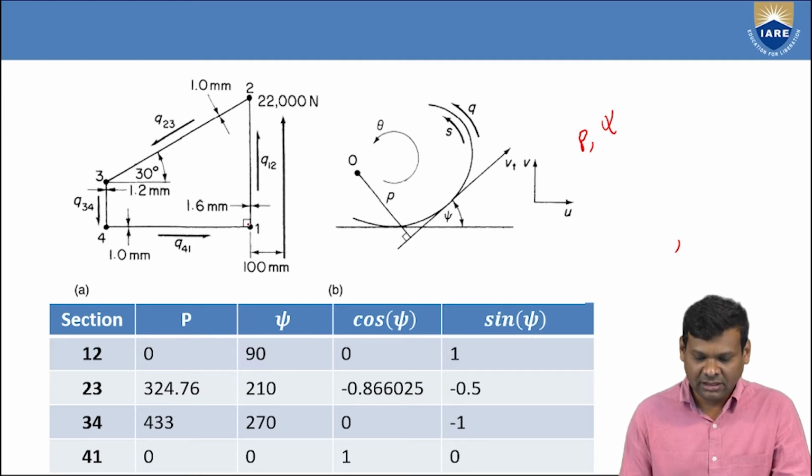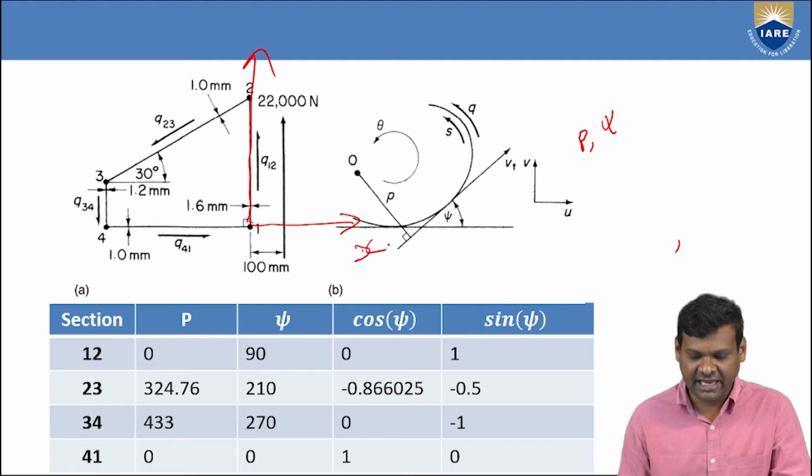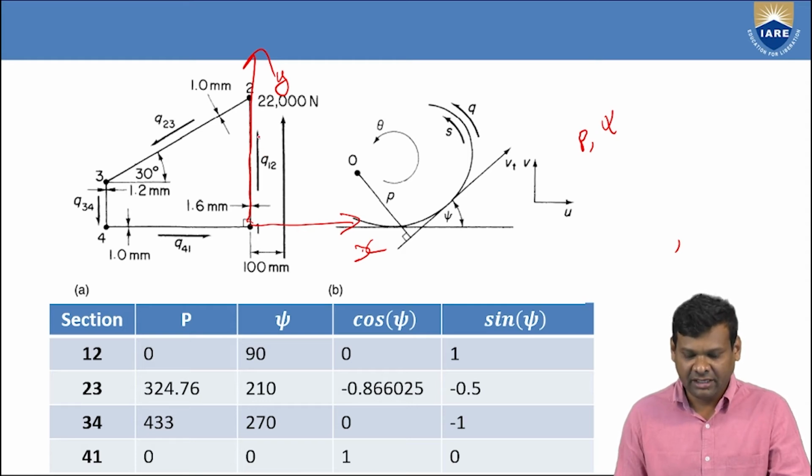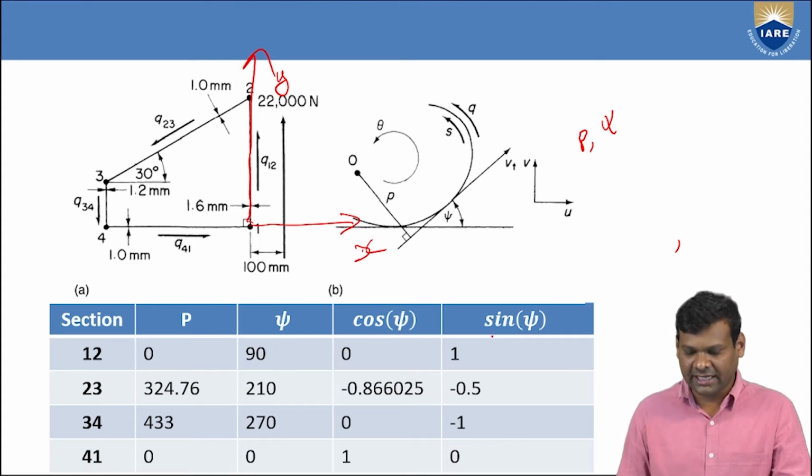Moreover, when you take the x and y axes, q12 is along the direction of y. Then phi is 90 degrees, and cos 90 is 0 and sin 90 is 1.